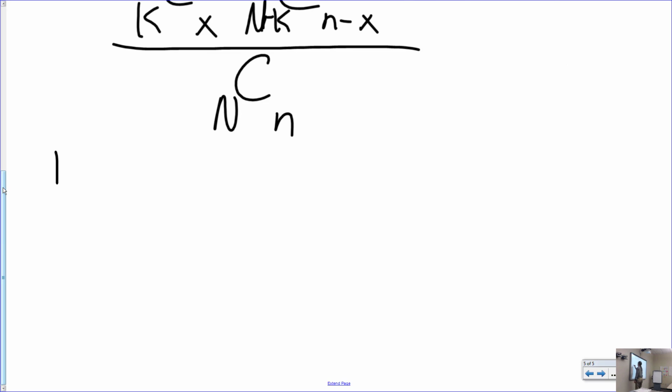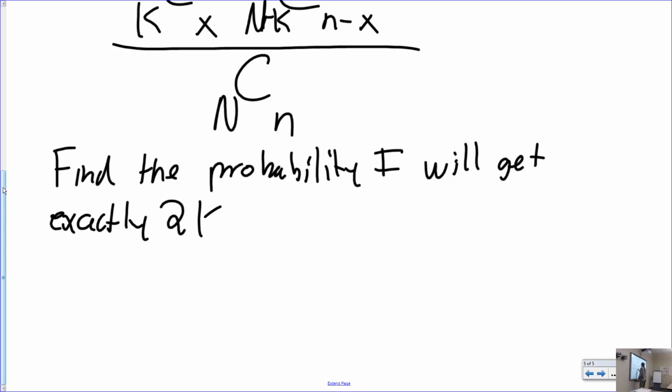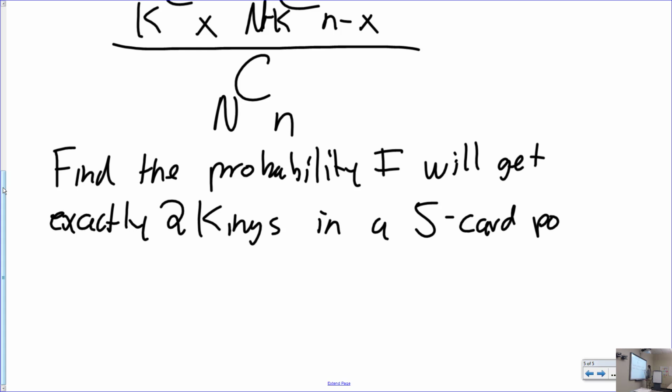So, find the probability to get exactly 2 kings in a 5-card poker hand.